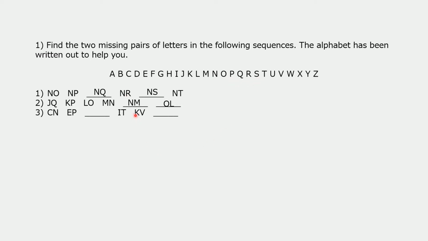And just to double check, even though we know that it probably is, we'll check K and V. 1, 2, 3, 4, 5, 6, 7, 8, 9, 10. Yep, so now we know that in each, the spaces between two pairs of letters will be 10 spaces in between.